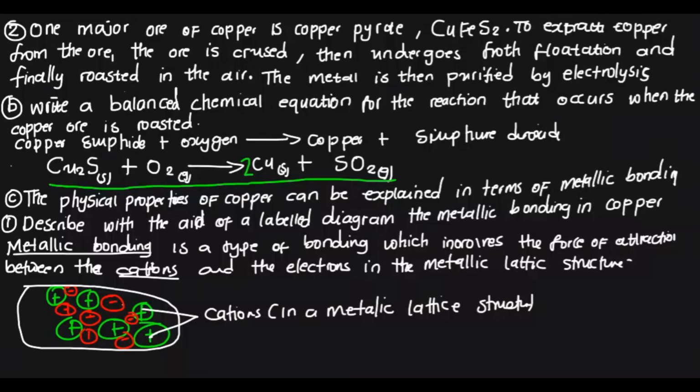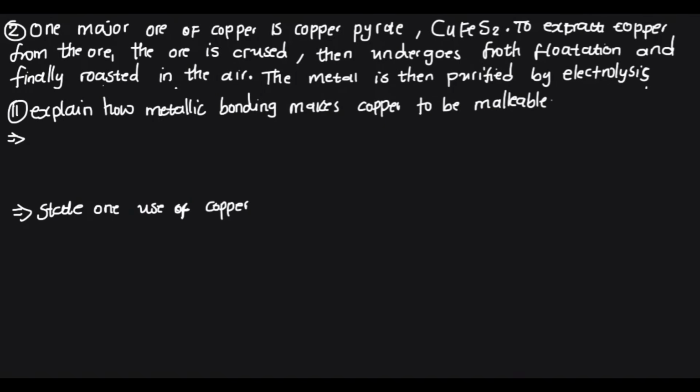Then for the electrons, this is what we call the sea of electrons, where we have a lot of electrons. The force of attraction between the sea of electrons and the cations is what we call metallic bonding.